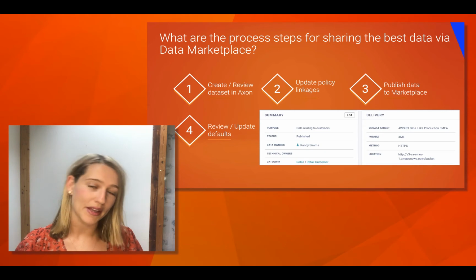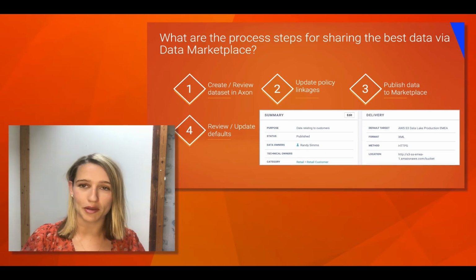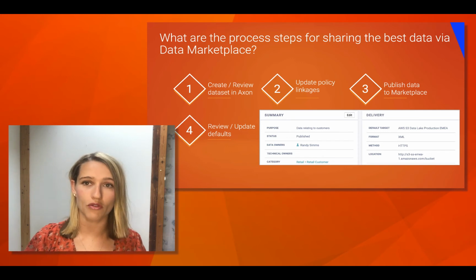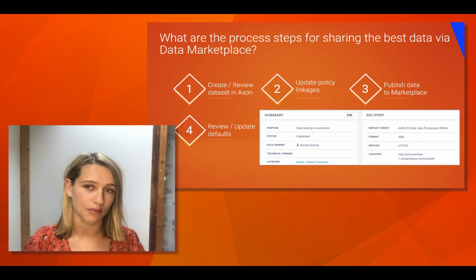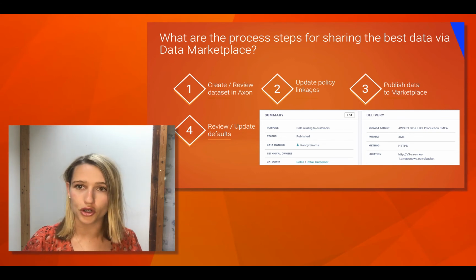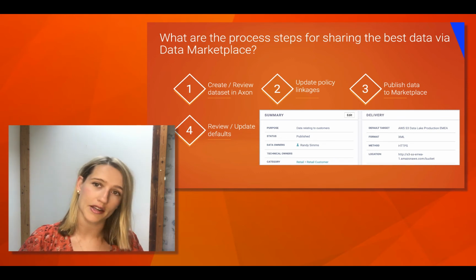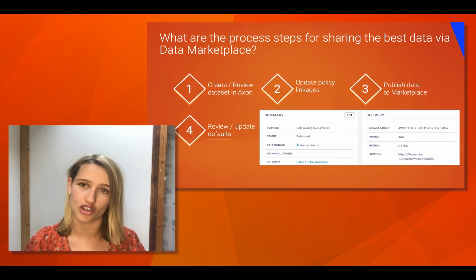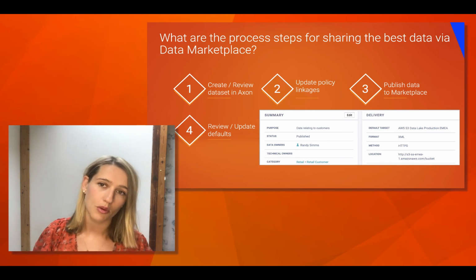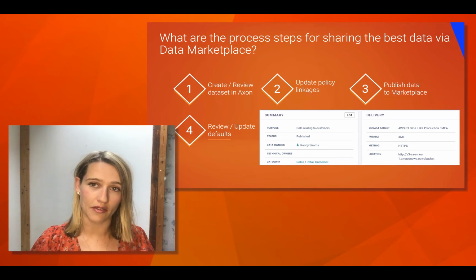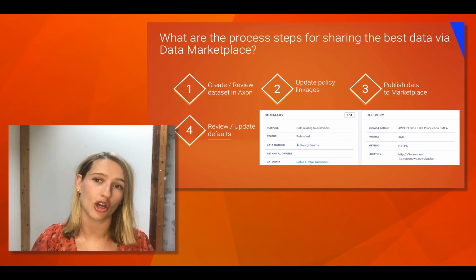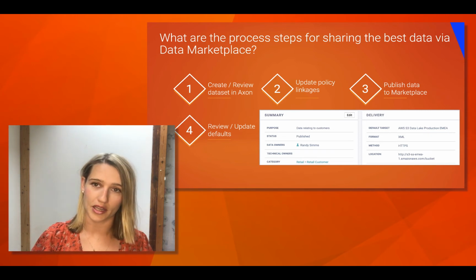The next step is, once it has come through to the marketplace, as it will have done as soon as you publish it, you just want to check that all of the defaults that have come through with it are the ones that you are happy with. For example, it will pull through the owner of the dataset as the data owner to approve or reject access requests. It will also expect the default technical owner to be acting as the provisioner for that data. But if you have a different one, you can go in and update that immediately.